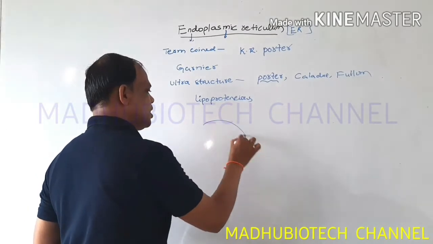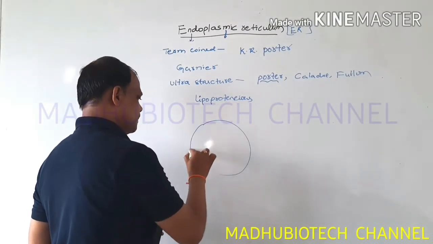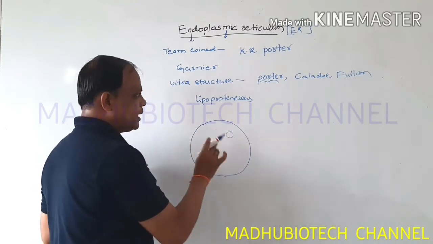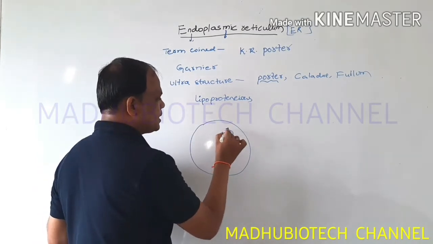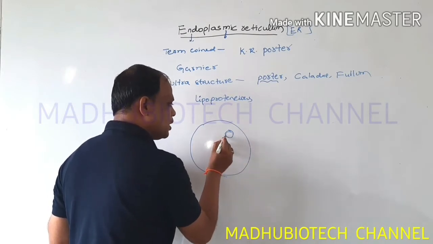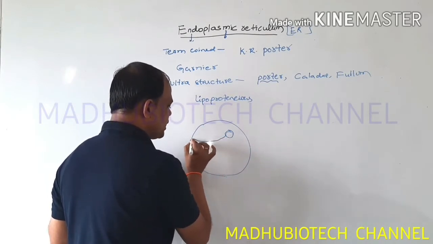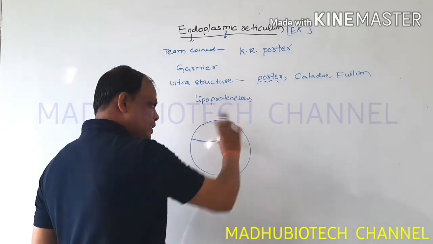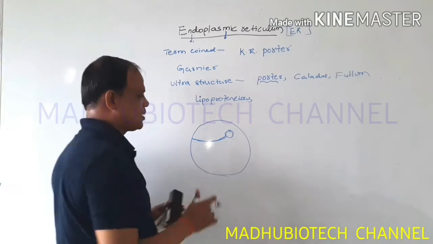For example, this is the cell, and this is the nucleus. This is the lipoprotein network-like structure from the nuclear membrane to the plasma membrane. This is a reticulate, network-like structure.